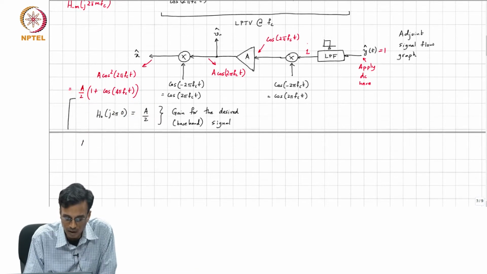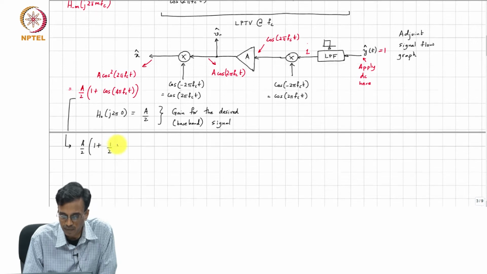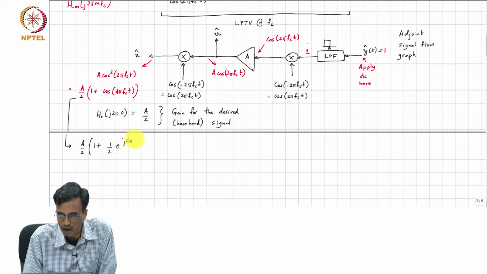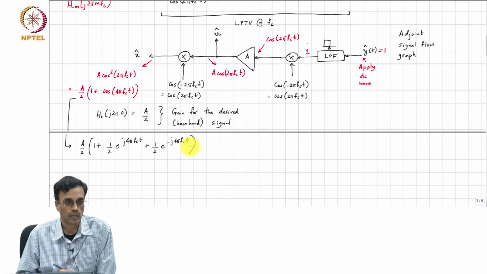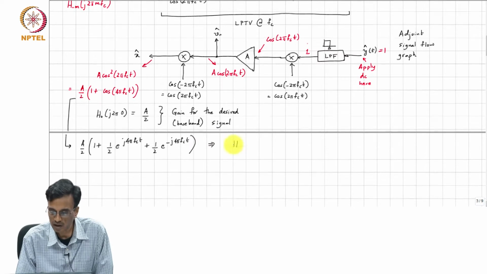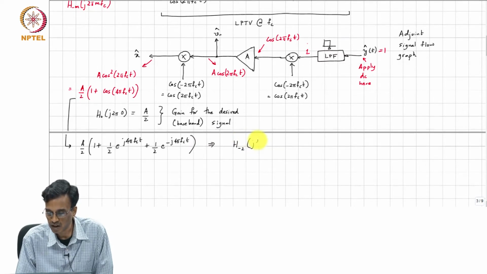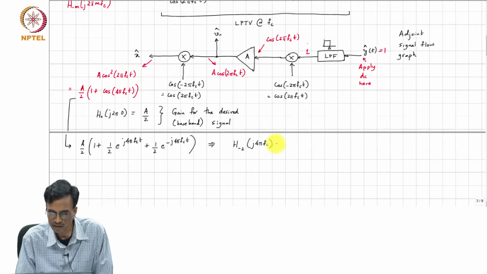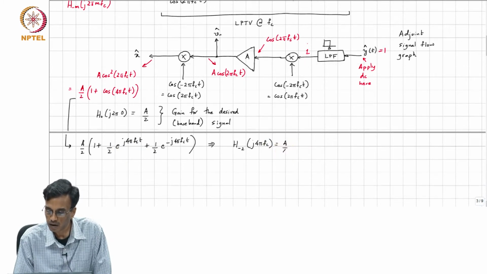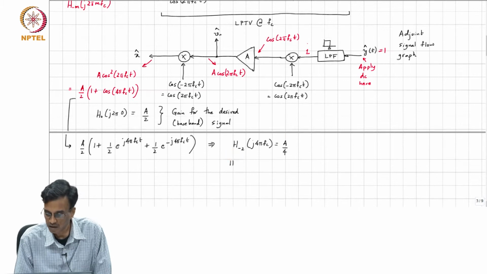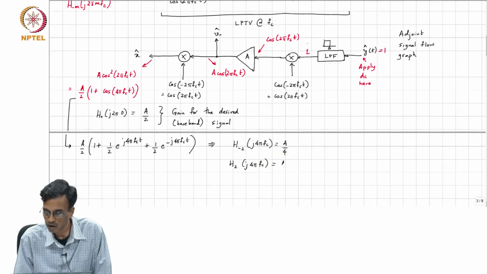This can also be written as A by 2 times 1 plus half e to the j 4 pi FCT plus half e to the minus j 4 pi FCT, which means that H minus 2 of j 4 pi FC is A by 4, and H plus 2 of j 4 pi FC is also equal to A by 4.